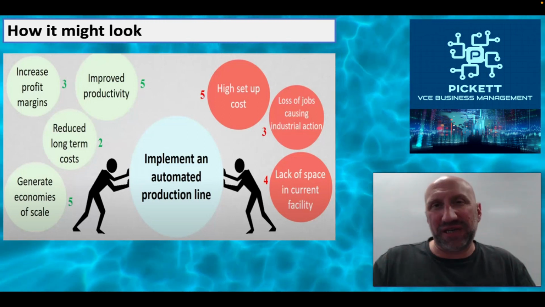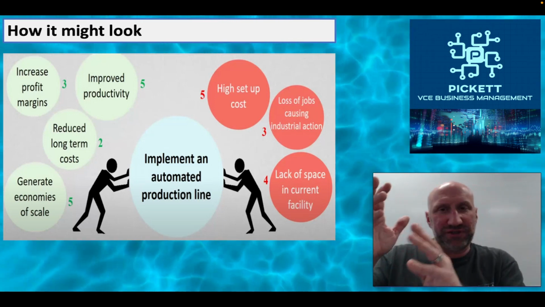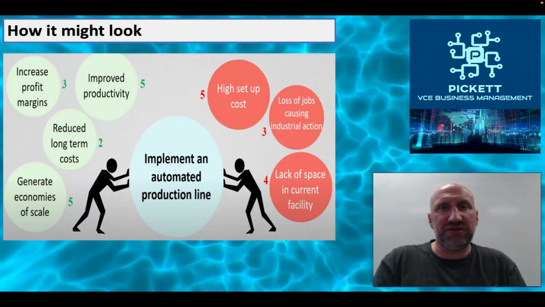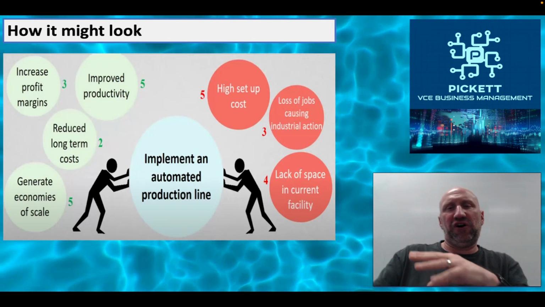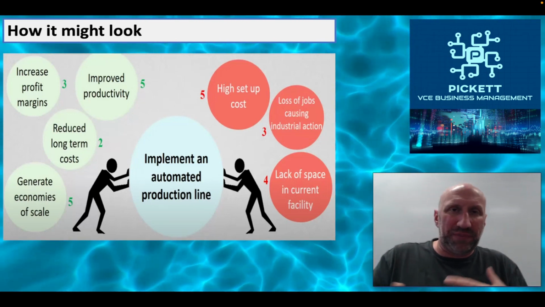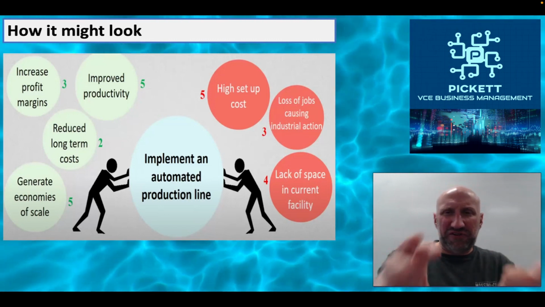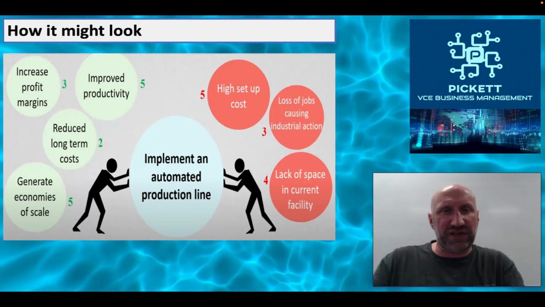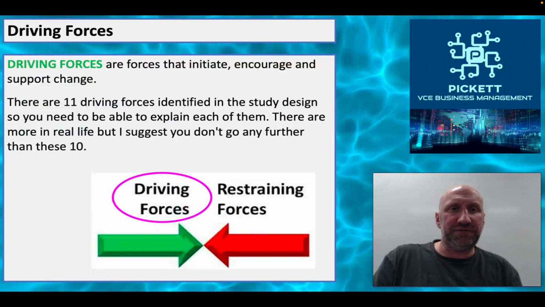And very simplistically, if the numbers on the left outweigh the numbers on the right, then you go, okay, there's a chance that this could happen, so it's worth pursuing. But if the numbers on the right far outweigh the numbers on the left, you'd probably already be thinking, well, maybe this is not the route that we want to be taking. Okay, so very, very simplified version, but just to give the idea of a process that you can actually go through. And hopefully that makes some sense to you.